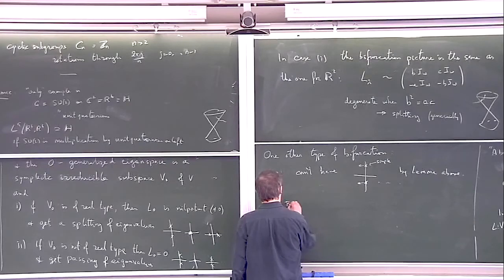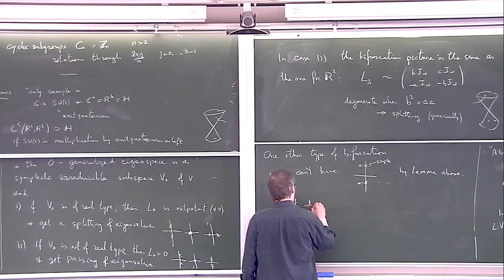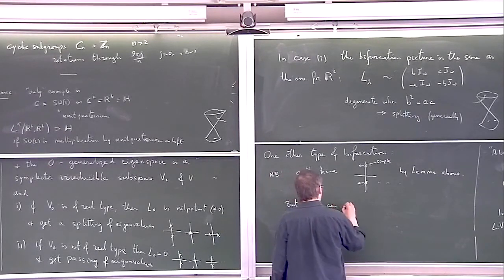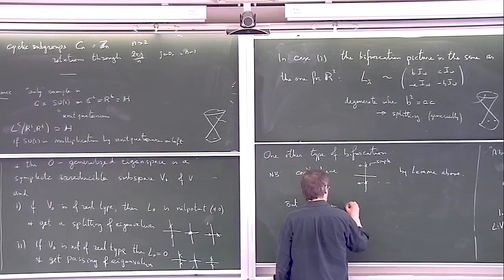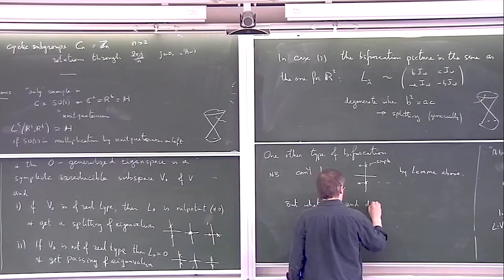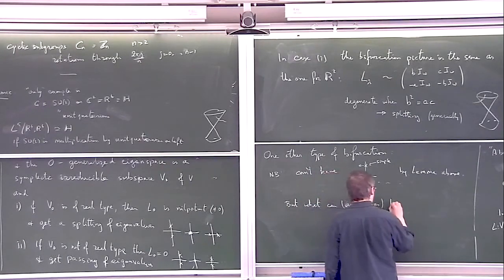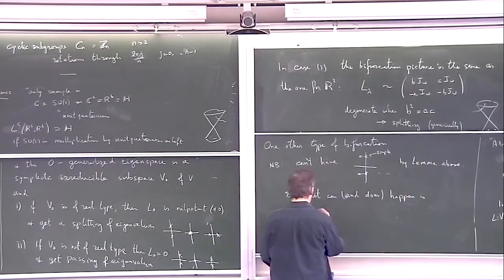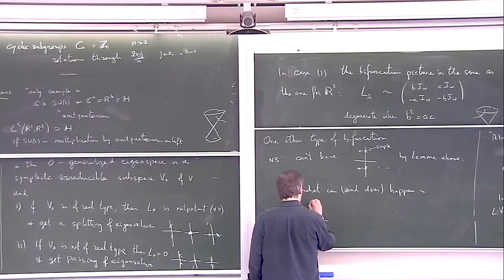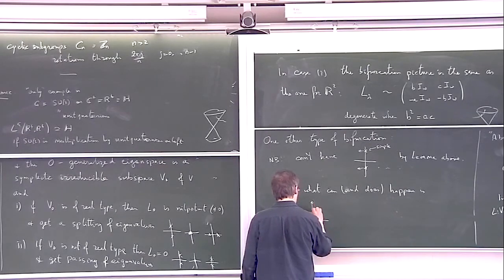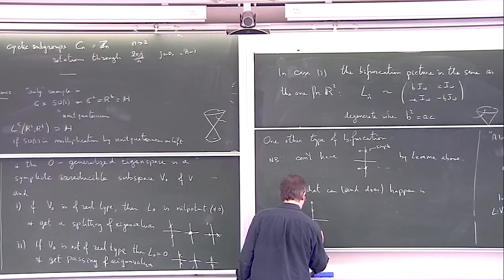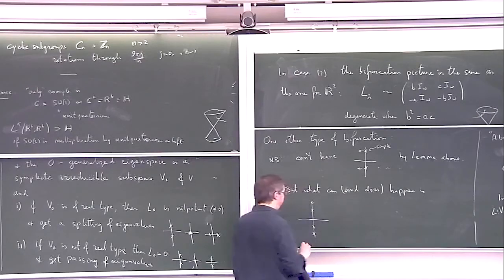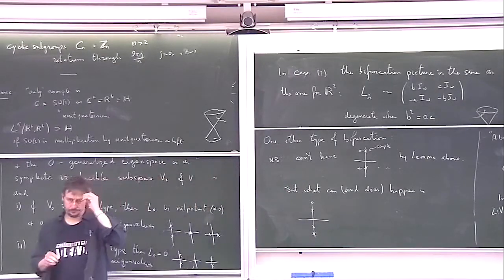But what can and does happen is a very interesting bifurcation, where you have 4 eigenvalues.